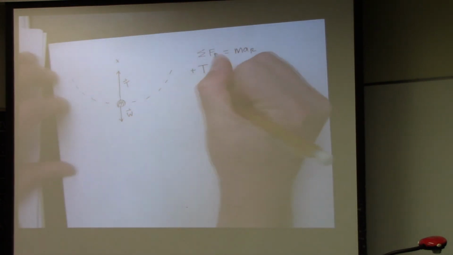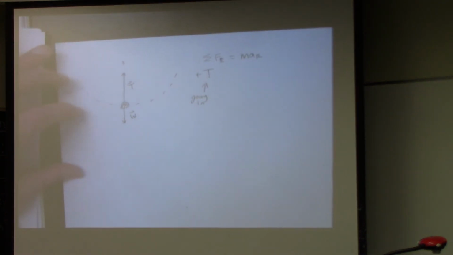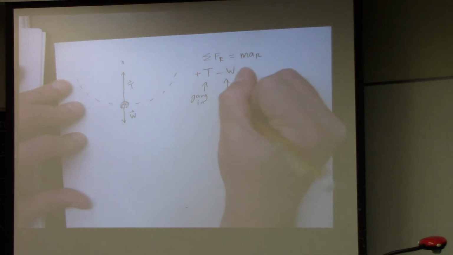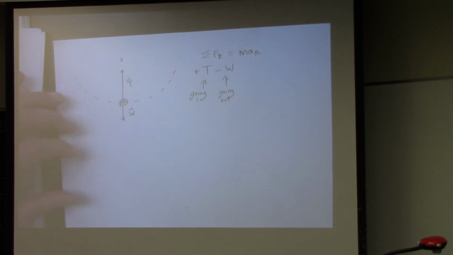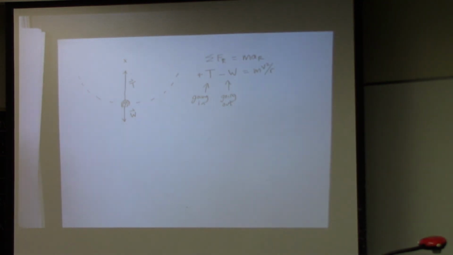That's why it gets a positive sign. The weight force is going out. We consider that the negative radial direction, which is why it gets a negative sign. That's equal to m times v squared divided by r.